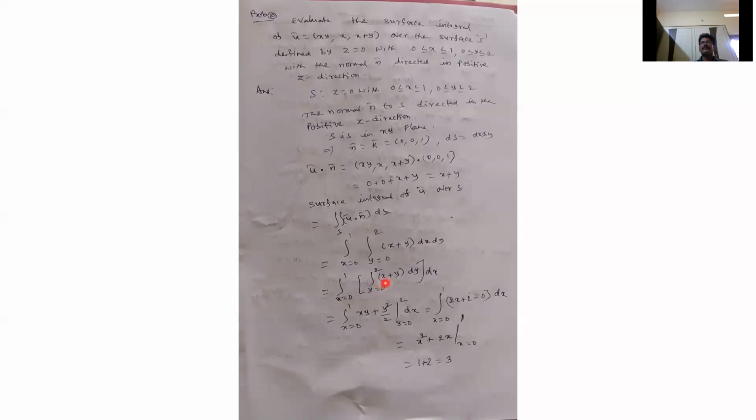When we are doing with respect to y, we treat x as constant. So x into integral of 1 dy equals y. Integral of y dy equals y square by 2. The y limits are 0 to 2. So when we substitute, we get 2x, and here 4 by 2.